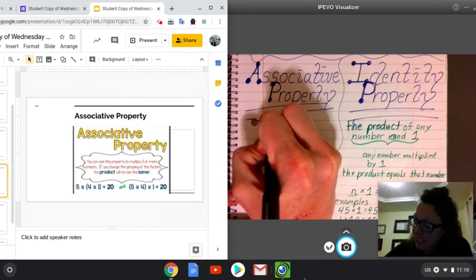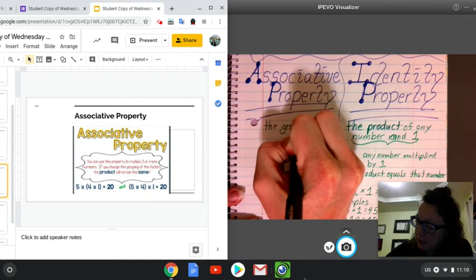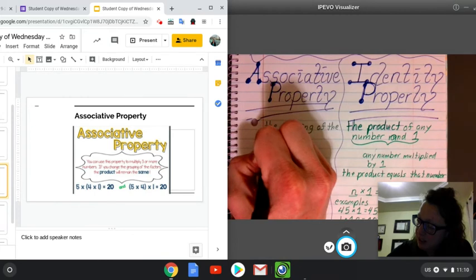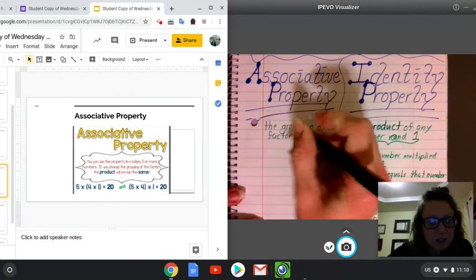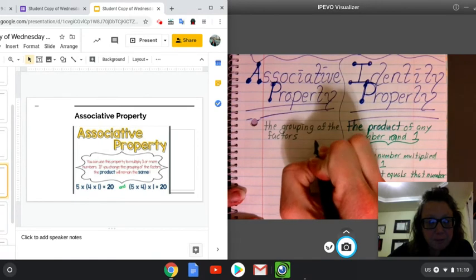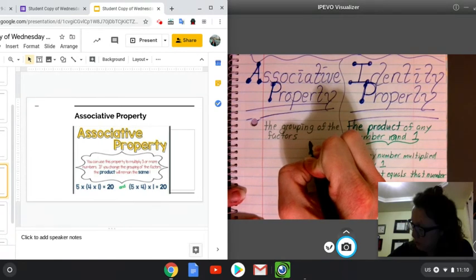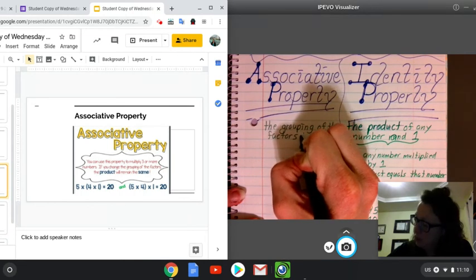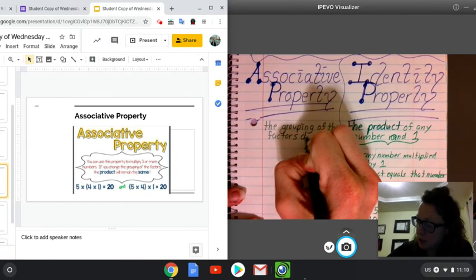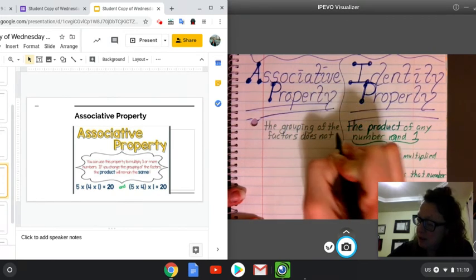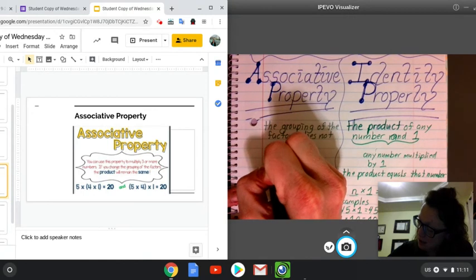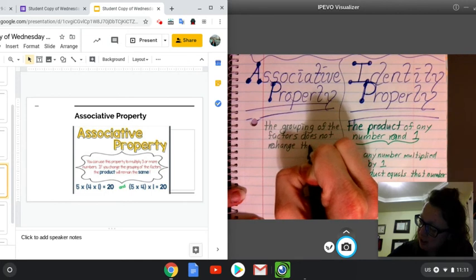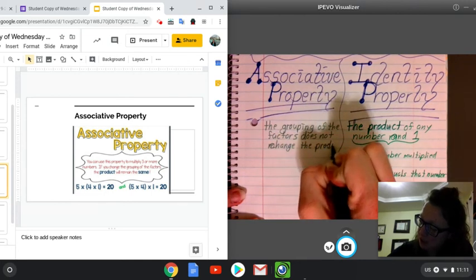So the grouping of the factors does not change the product.